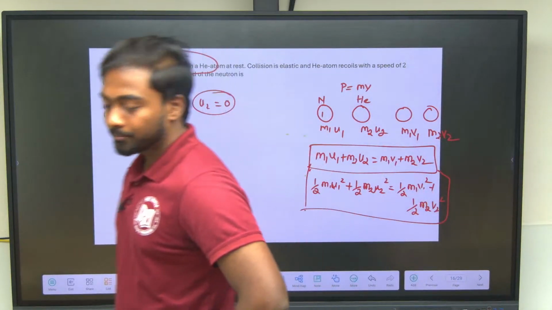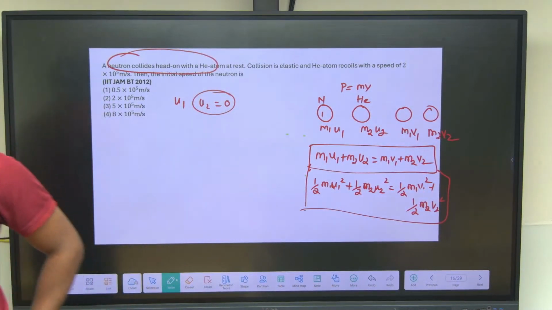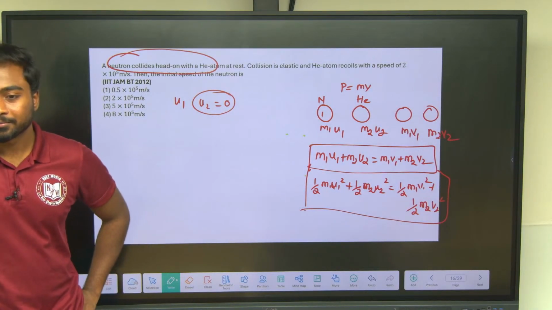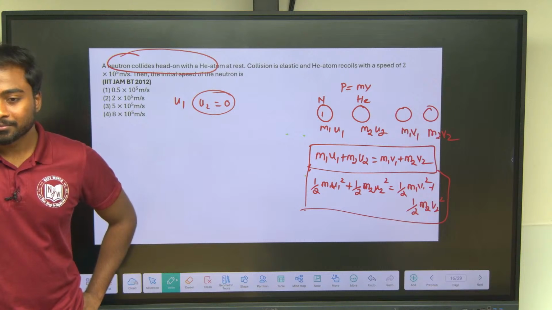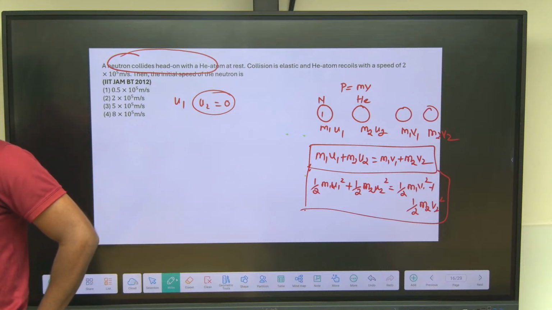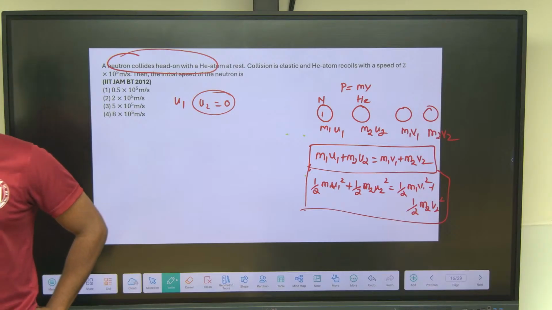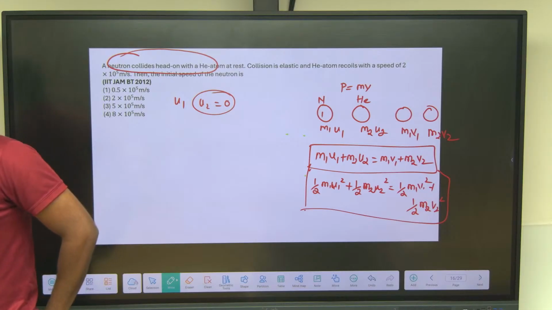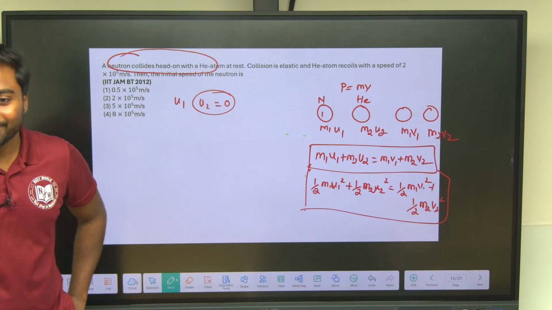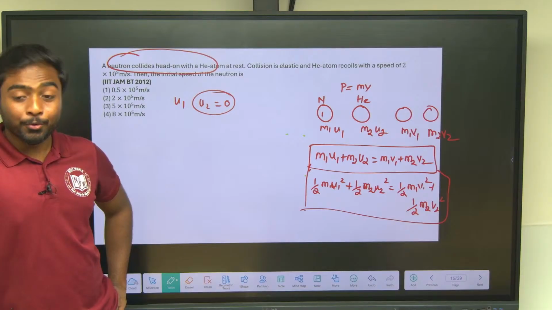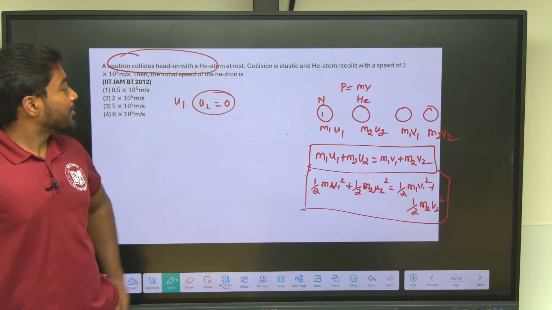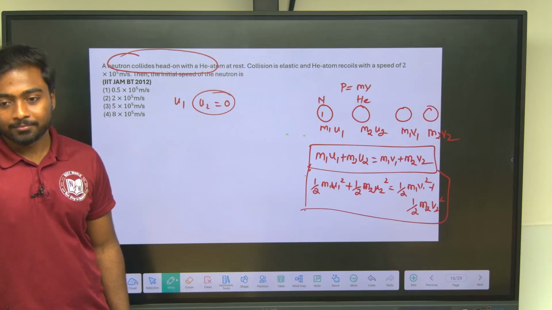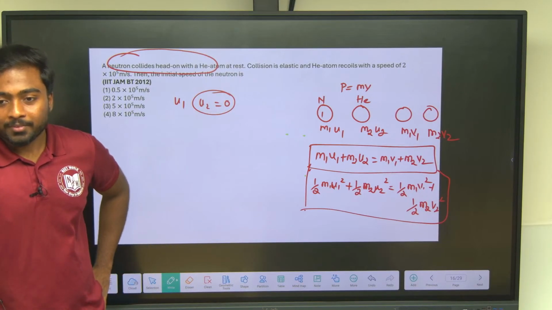Neutron and helium, they are the same mass? No. Once you check it, helium has two protons and two neutrons. So if the neutron mass is m, helium will be 4 times that. Correct.